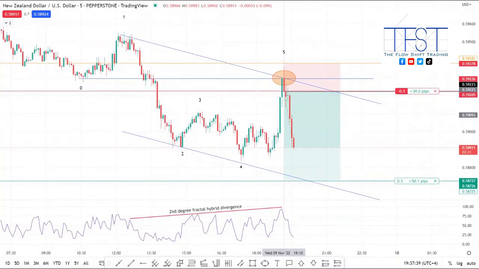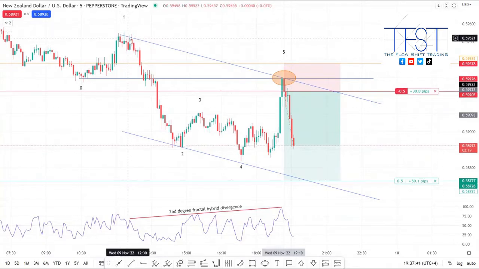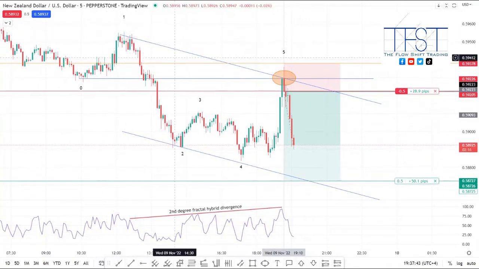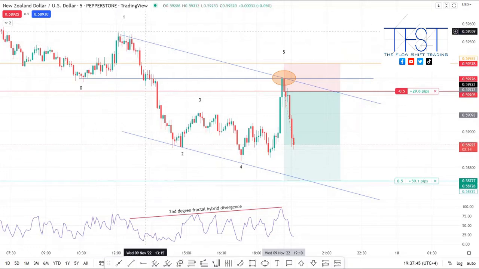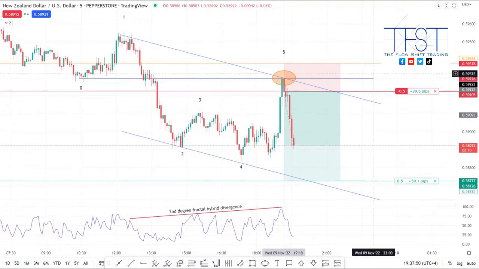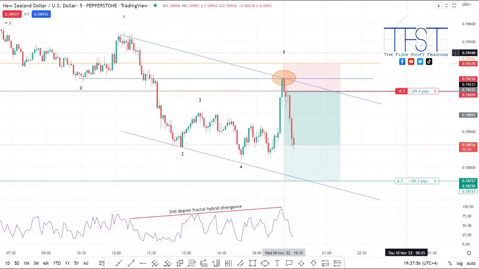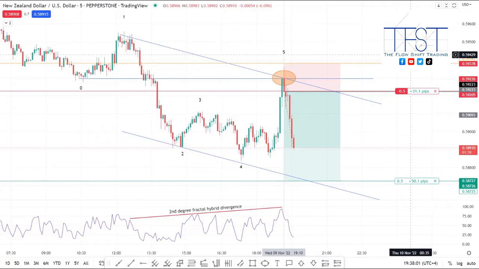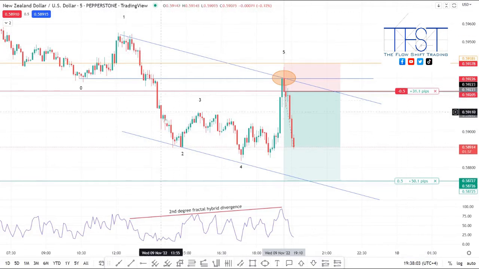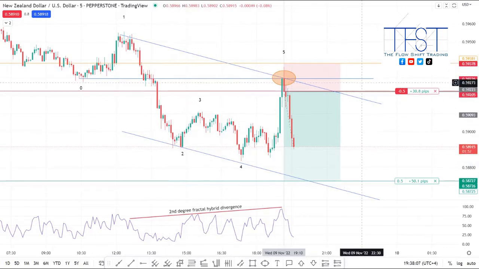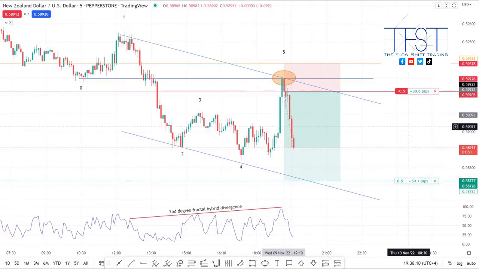Kasi kung yung line works mo is i-anchor mo sa logical context, automatically price is going to respect and validate your lines. And kung yung lines mo naman is hindi in tune sa price, that's the time na dapat i-check mo yung context mo.